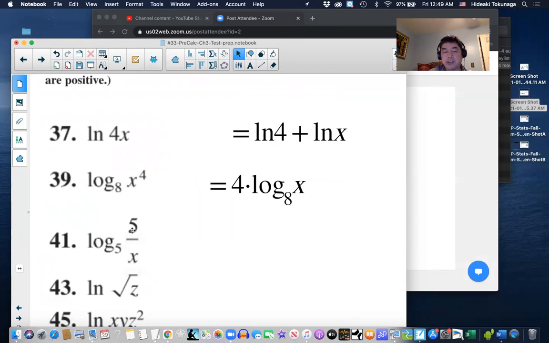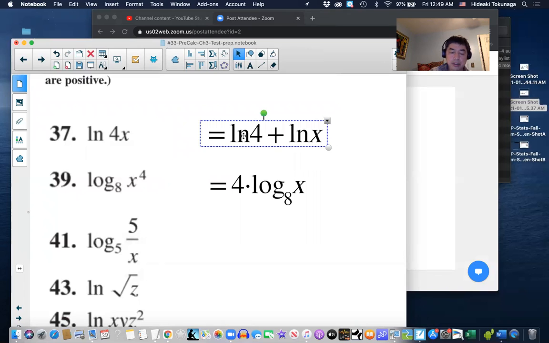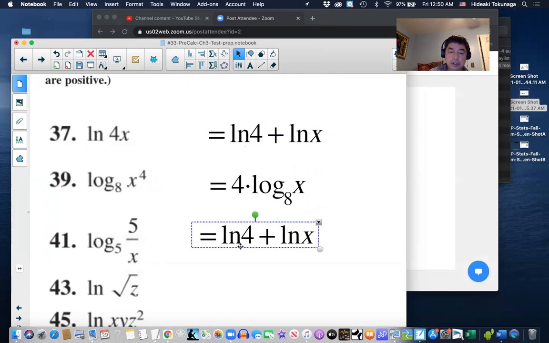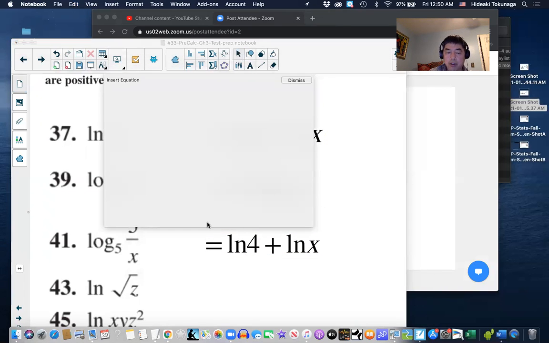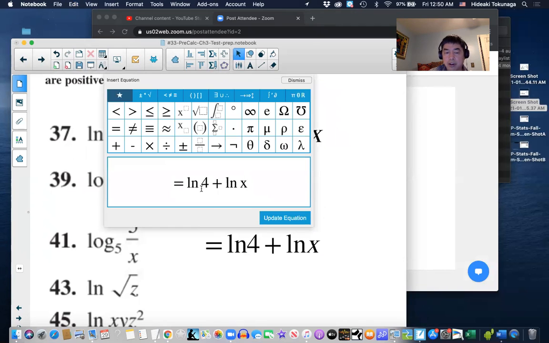If it's a fraction, which is division, 5 over x, all we have to do is, if it's multiplication, it's going to be add. If it's division, it's going to be subtraction. So I will choose this one. Log base 5 of the numerator. The numerator is also 5, so I put 5 here.